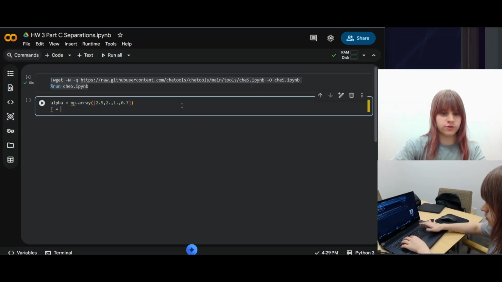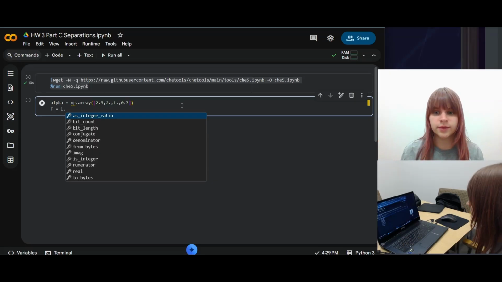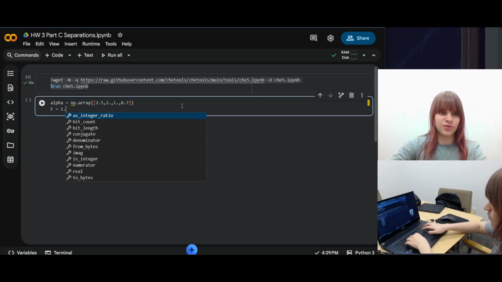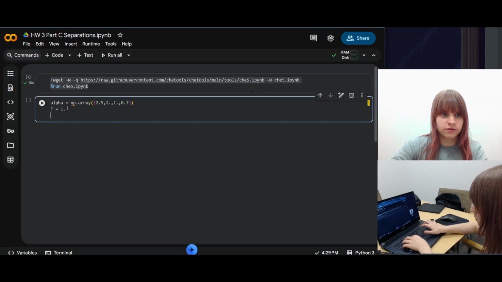We also want to set our feed flow rate. Again, I'm just using 1, but in reality, it wouldn't be 1. 1 mole per time is not quite a lot. But anyways, I'm going to set that to 1 for the ease of things.